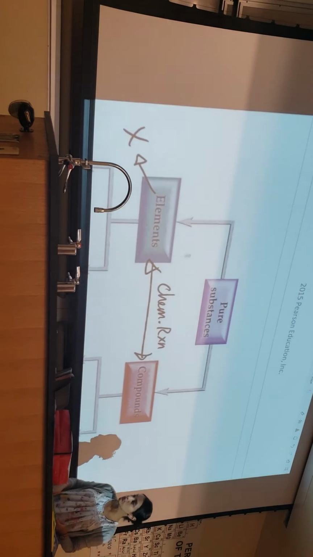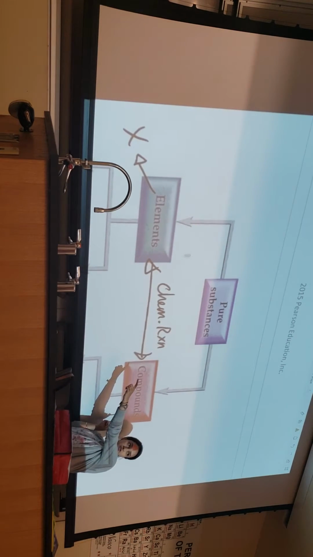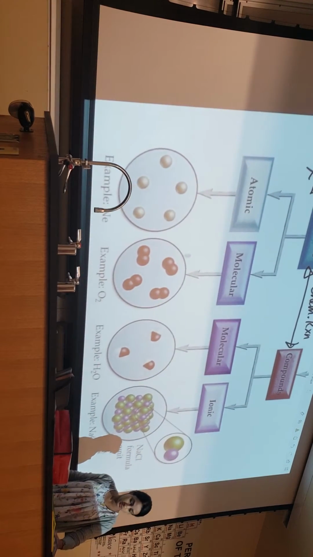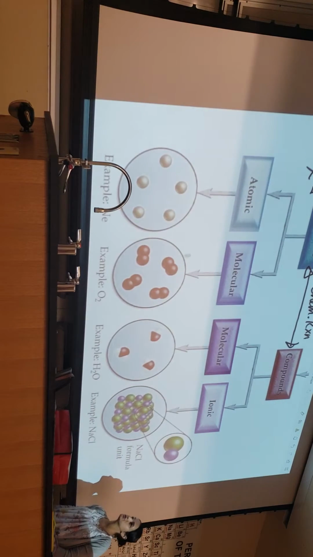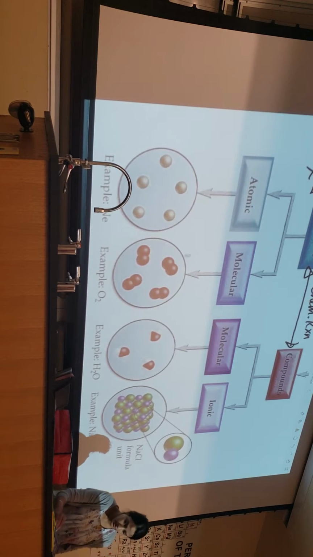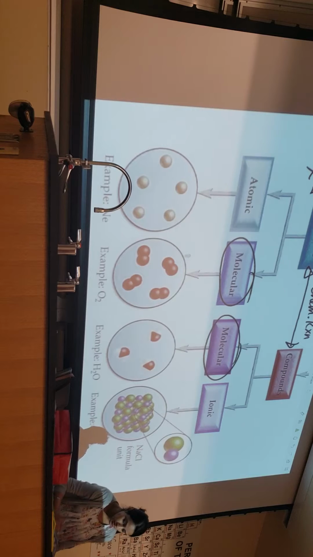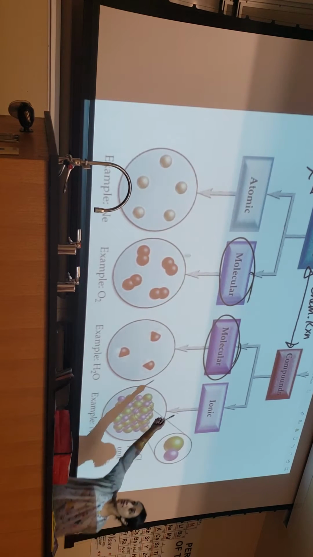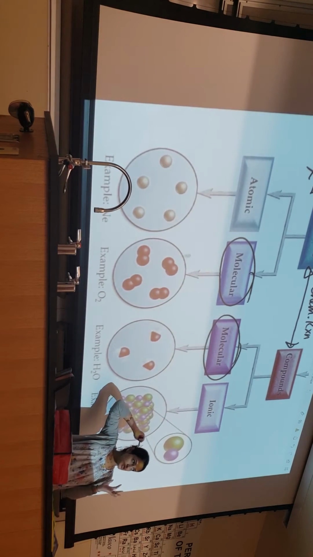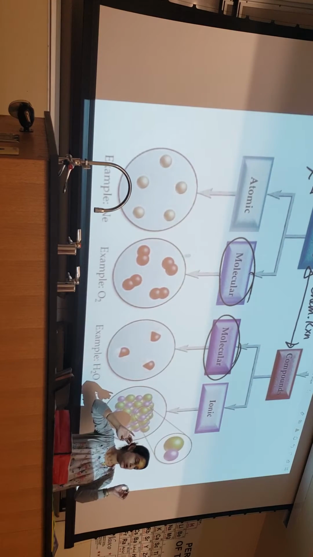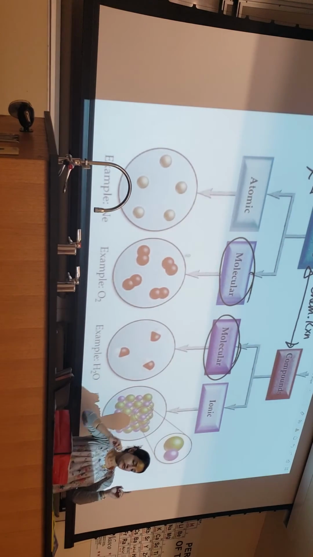Okay, now we're going to further classify each one. So we're going to get down here. Now, one of the things you should notice, there's a word that appears twice. Molecular. Yep. Molecular shows up twice. So we're going to look at each one. Atomic. Now, when you're looking at all these words, just think of what they mean. Atomic. What word is in atomic? Atom, yeah.